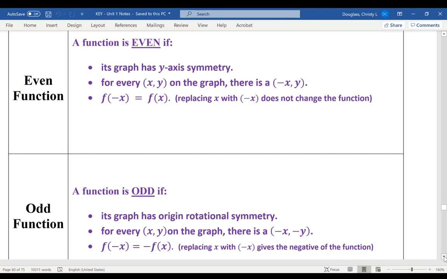A function is even if its graph has y-axis symmetry. So we saw several examples of that. So we know that for every x comma y on the graph, there's also a negative x comma y. If you were to take the function and substitute negative x into the function, it would equal the original function. Replacing x with negative x does not change the function.